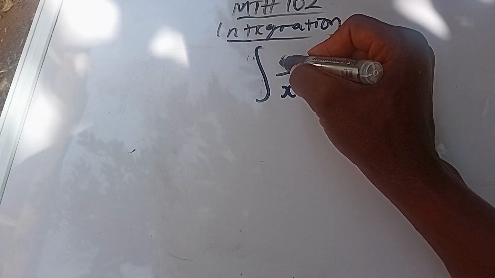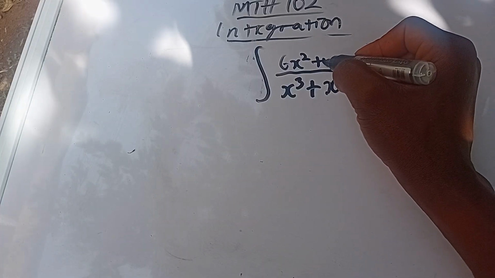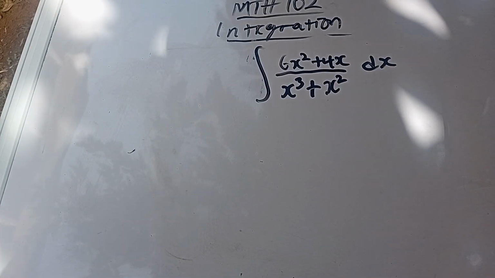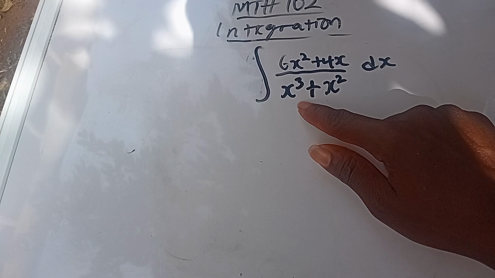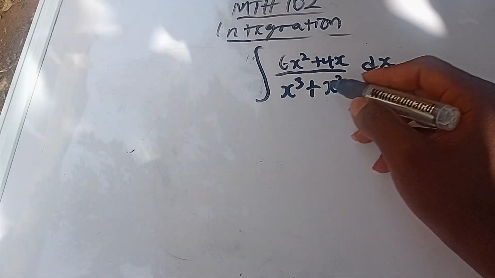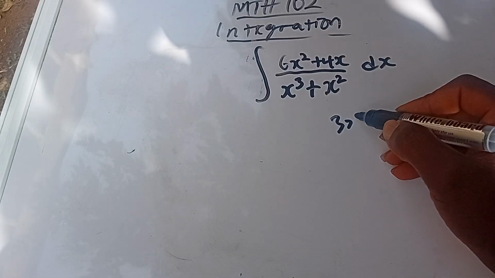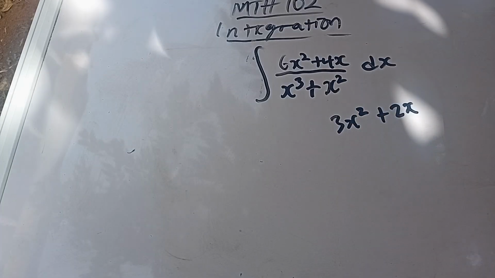Now I want to apply that standard rule. Now listen, this is a question. If I differentiate the denominator, s cube plus s squared, I will have 3s squared plus 2x. It's not equal to this, is it?